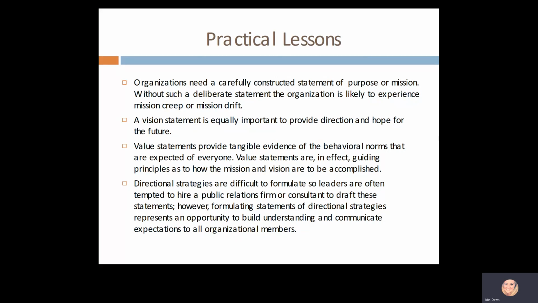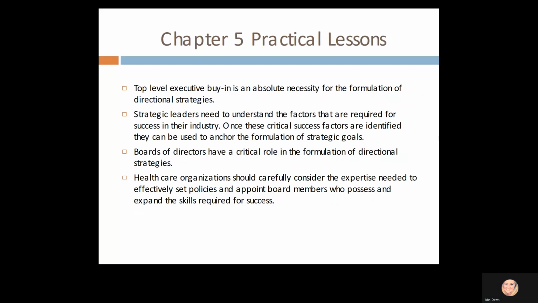Directional strategies are difficult to formulate, so leaders are often tempted to hire a public relations firm or a consultant to help draft those. However, if you do it yourself, you can build a better understanding and communicate expectations to all your organizational members. Not to mention, you'll have a stake in that because you did it.